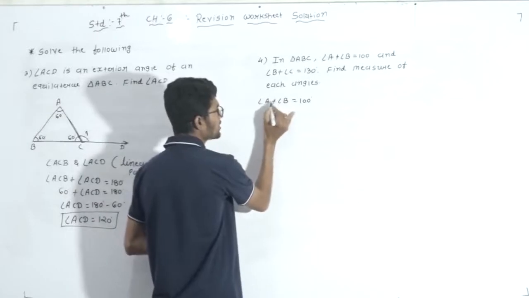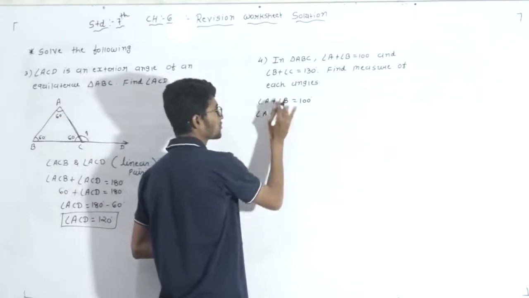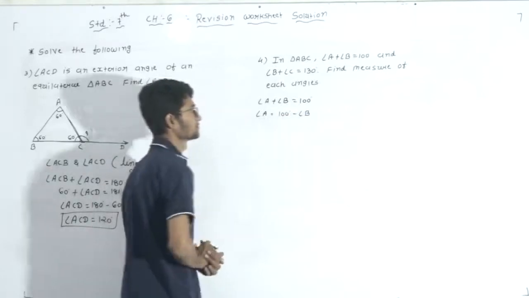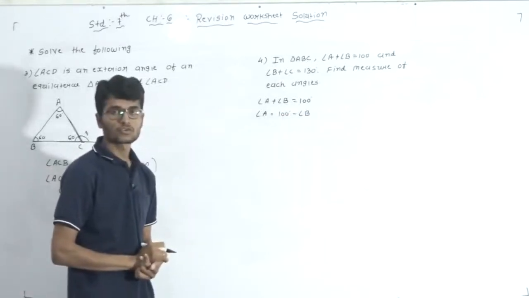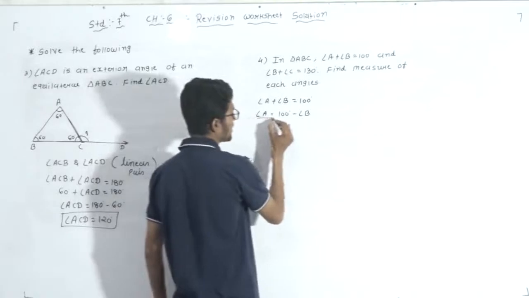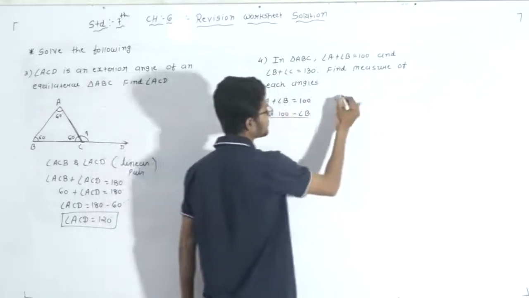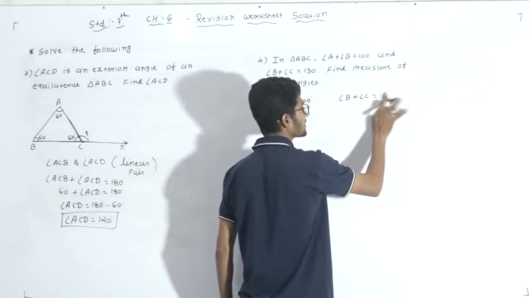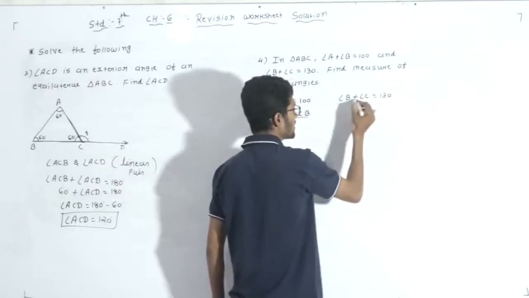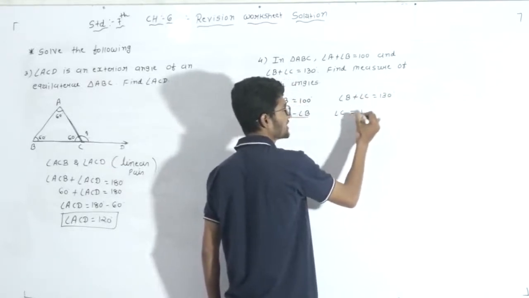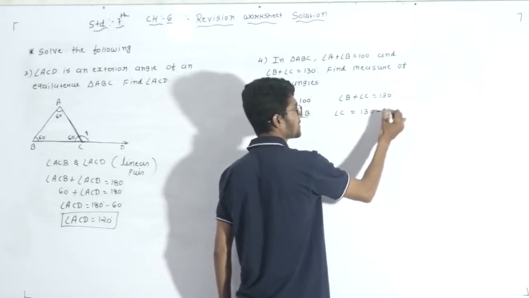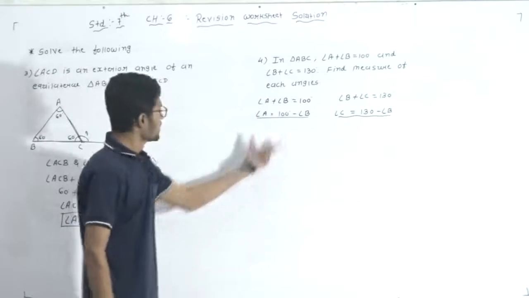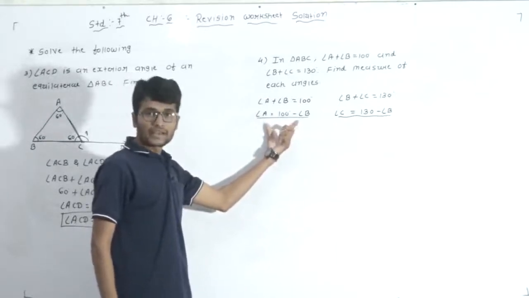Now we want angle A on this side, so B is transferred, so 100 minus B. So angle A is 100 minus B. Same for angle B plus angle C is equal to 130. Now we have to find angle C, so angle C is equal to 130 minus angle B.